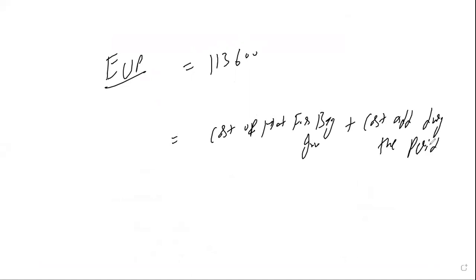Very simple. The time you divide these two figures by equivalent units of production, you will have per unit equivalent material cost. Alright, students, we will upload another video for the practice questions.